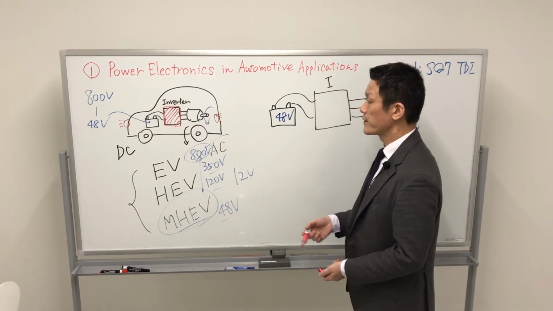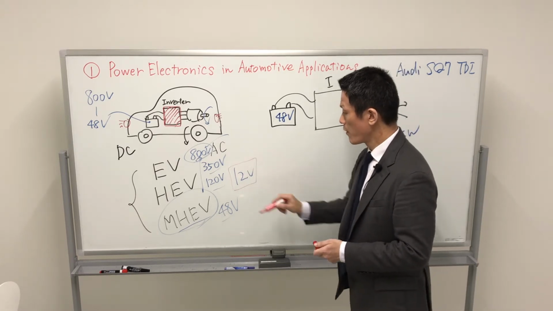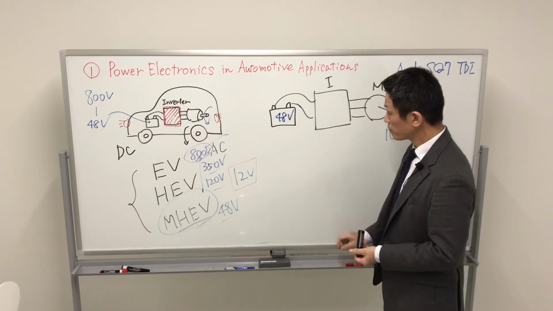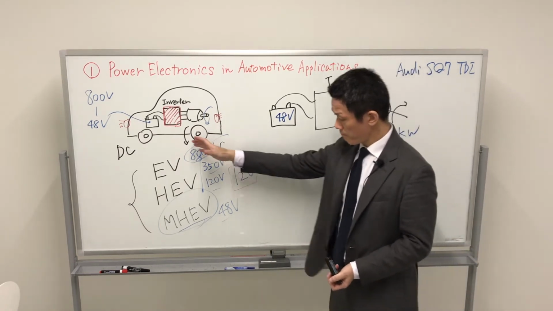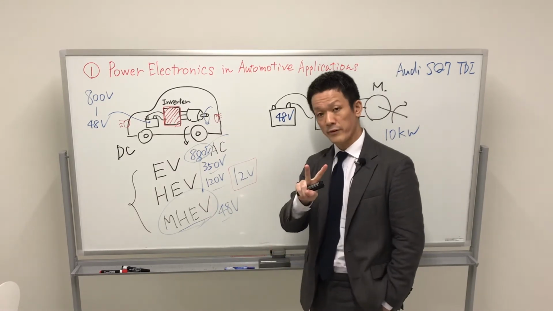Each component is based on only the 12-volt lead acid battery. So usually each type of electric vehicle has two batteries.